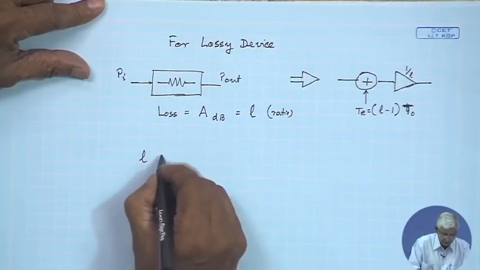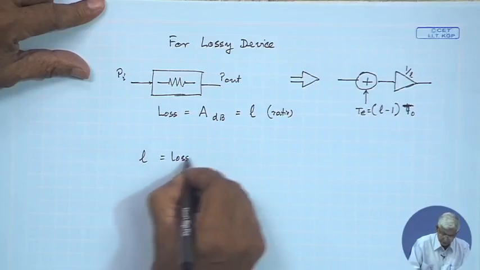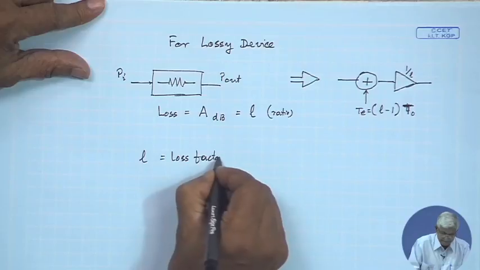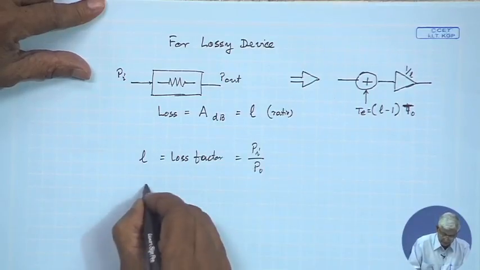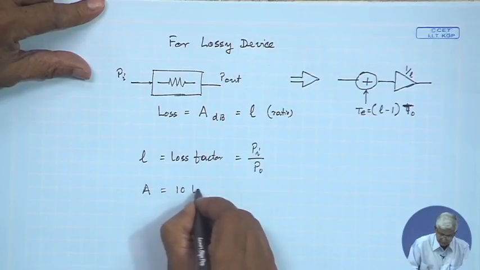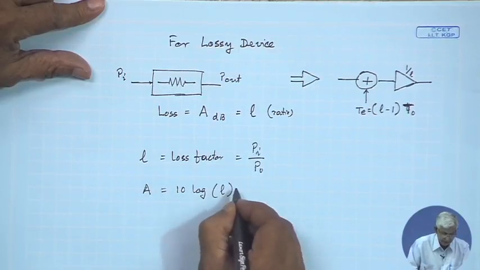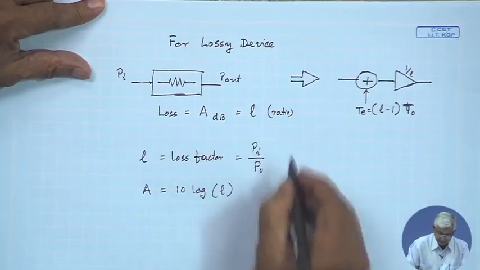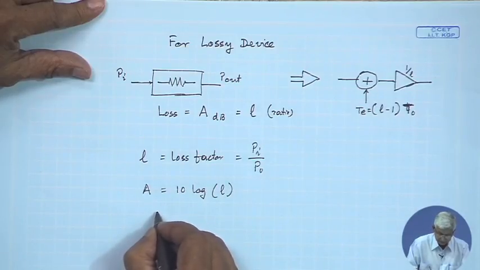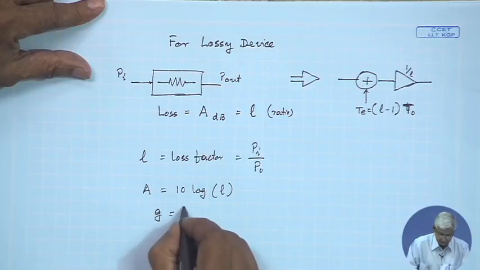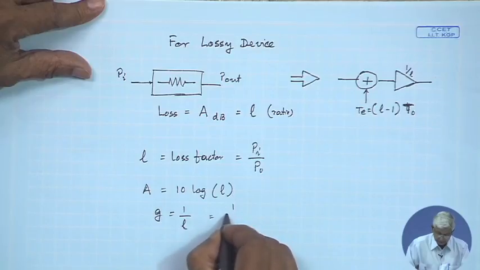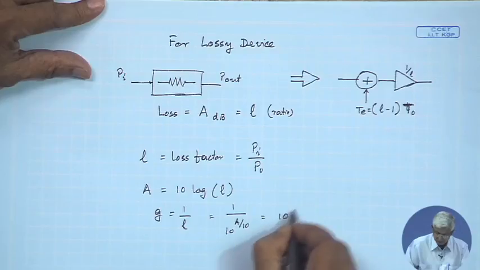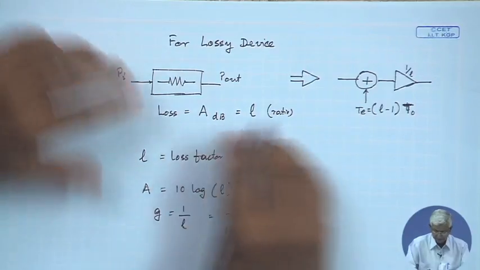So, L, small l, is called the loss factor, which is Pi by Po. The A is 10 log of L, and obviously the gain in terms of ratio, small g, is equal to 1 by L, which is 10 to the power minus A by 10. There are various ways you can represent the whole thing.